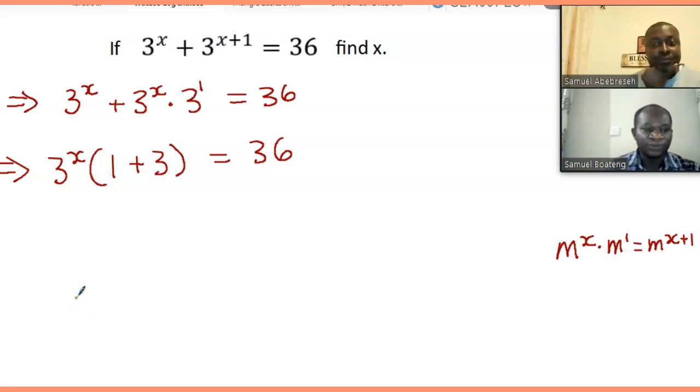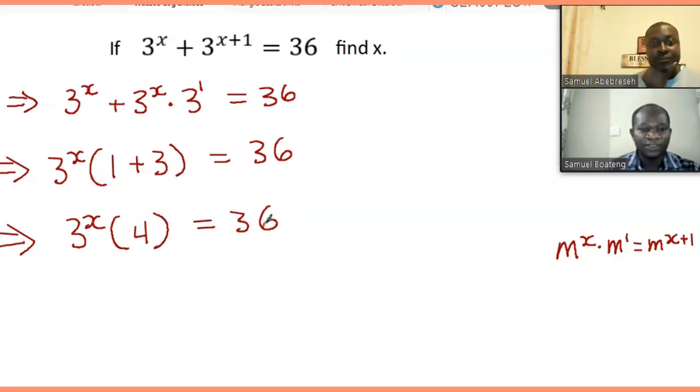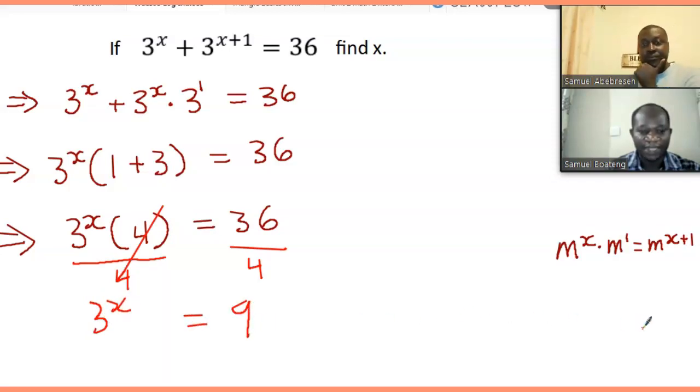So now this implies that the next step, 3 raised to the power x, 1 plus 3 will give you 4, which is equal to 36. So we first have to divide both sides by 4. So the 4 will cancel 4. Then you have 3 raised to the power x, which is equal to 9.